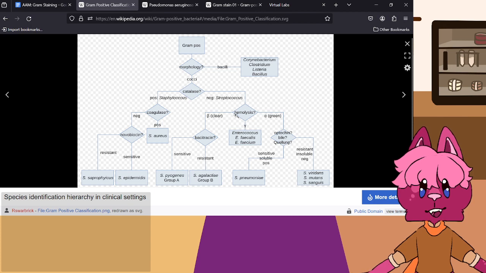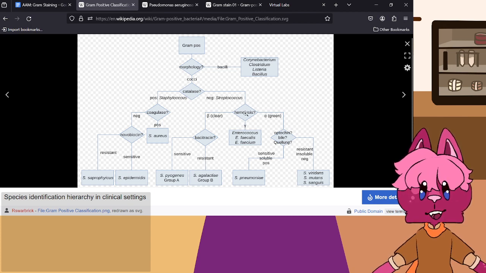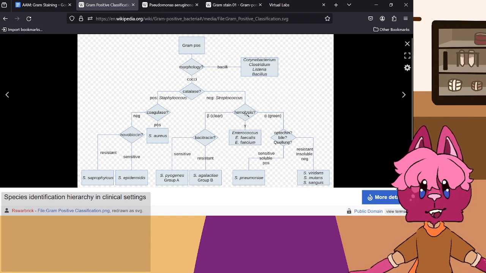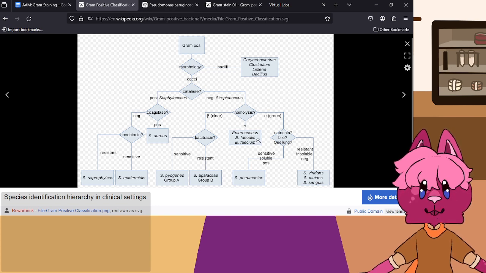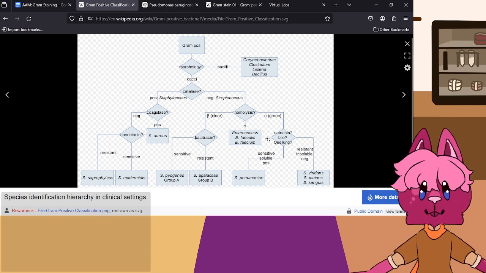If it's negative for catalase, we look at its hemolysis, which hemo is blood, lysis is part of how cell walls break open. So if it doesn't do that, I'm assuming that's what this means, then we can tell that it's some type of enterococcus, either Enterococcus faecalis or Enterococcus faecium.